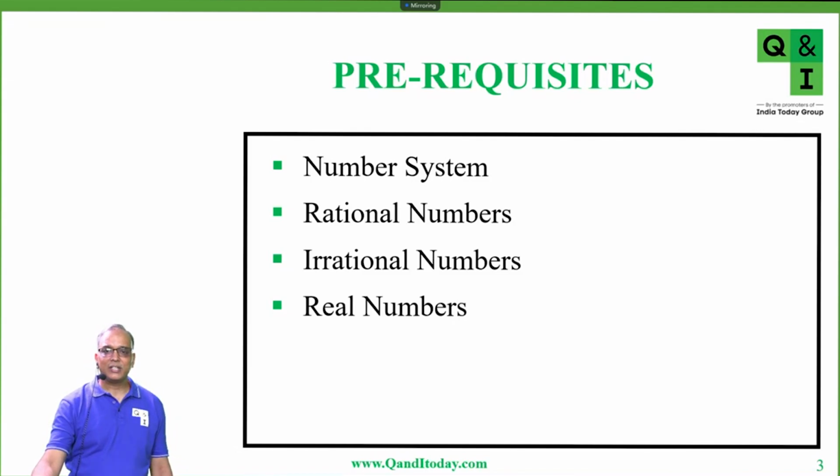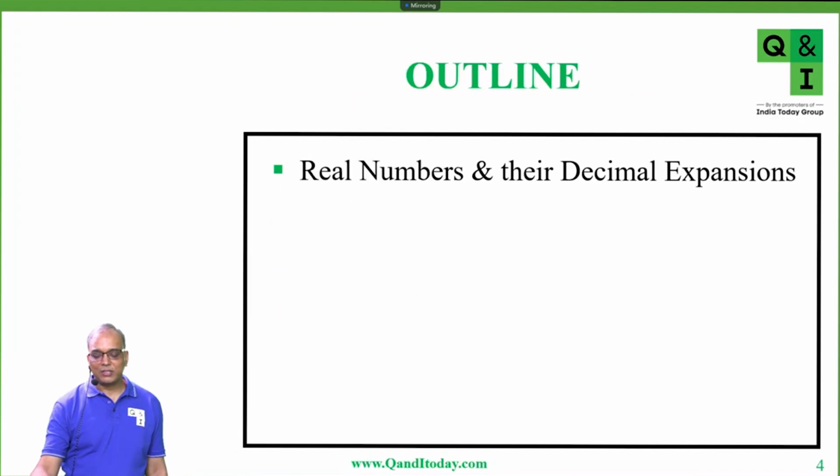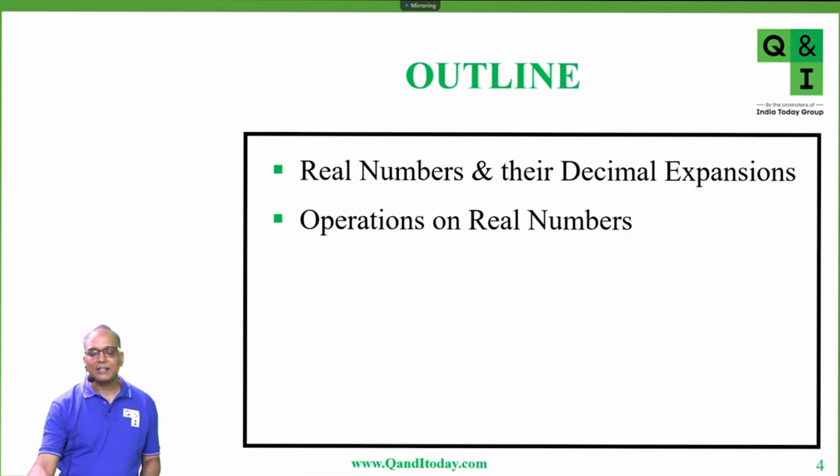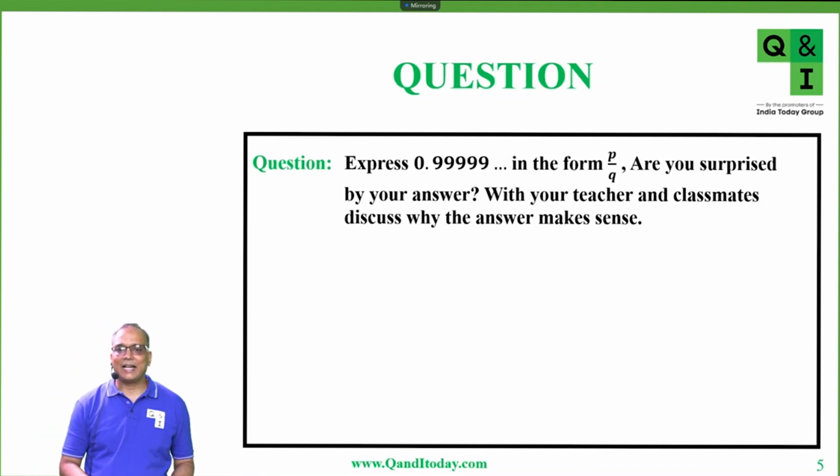Real numbers are a combination of rational and irrational numbers. In today's class we will continue with questions on real numbers and their decimal expansion, and then do operations on real numbers.